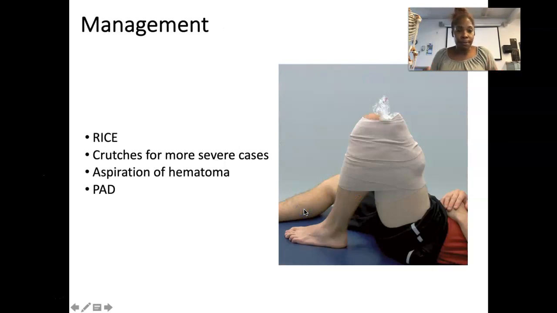In terms of the management, I put this image here because it truly is what we want to do. Remember, I just showed you on our skeleton that when they flex the knee, they have pain because we're stretching the quadriceps mechanism. But interestingly enough, one of the recommended treatments is to place the patient in a knee flexed position with ice on them and an ACE wrap.